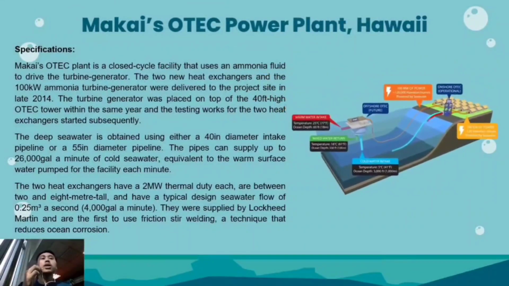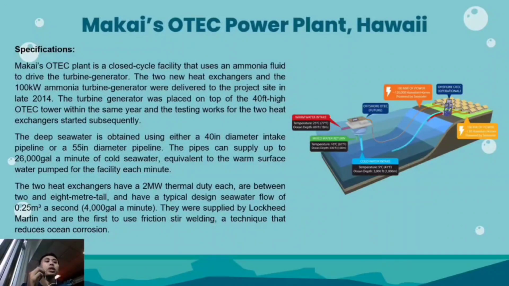For the specification, Makai OTEC plant is a closed cycle facility that uses an ammonia fluid to drive the turbine generator. The deep seawater is often using either a 40-inch diameter intake pipeline or a 55-inch diameter pipeline. The pipes can supply up to 26,000 gallons a minute of cool seawater, equivalent to the warm surface water pump for the facility.